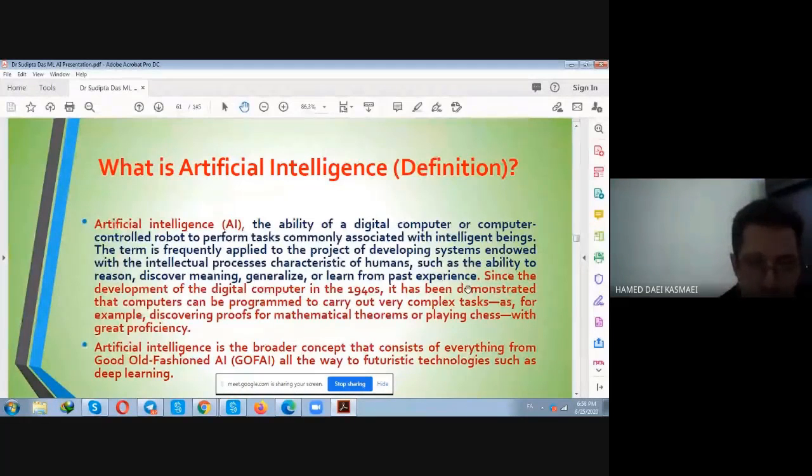This is very important to know. You can use it for many things, for example mathematical theorems. It can do many complex tasks like discovering proofs of mathematical theorems, or playing chess with great proficiency, and many other things about robots, everything.